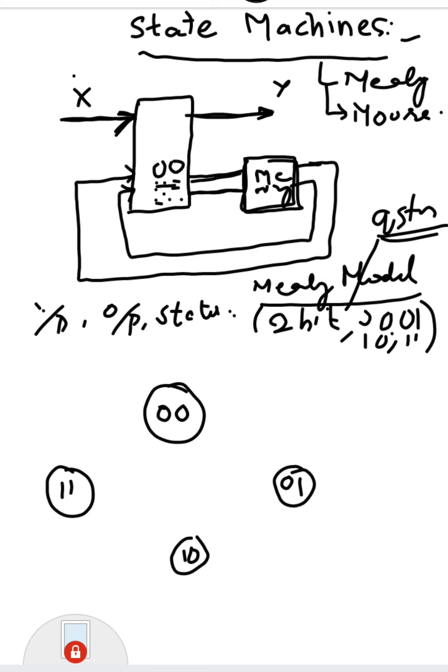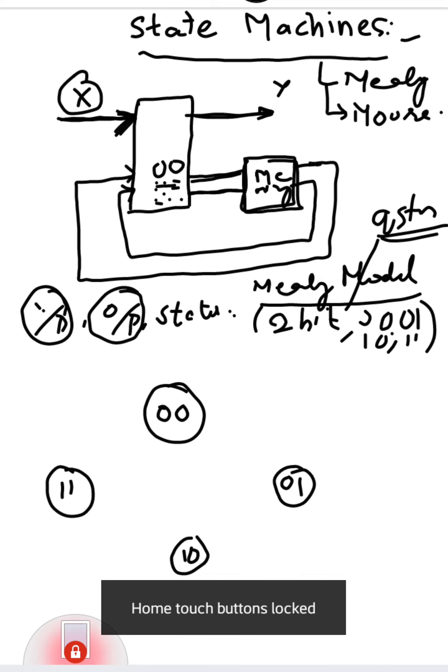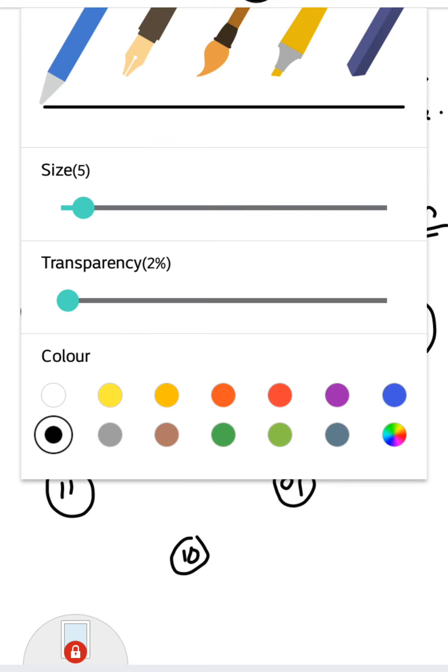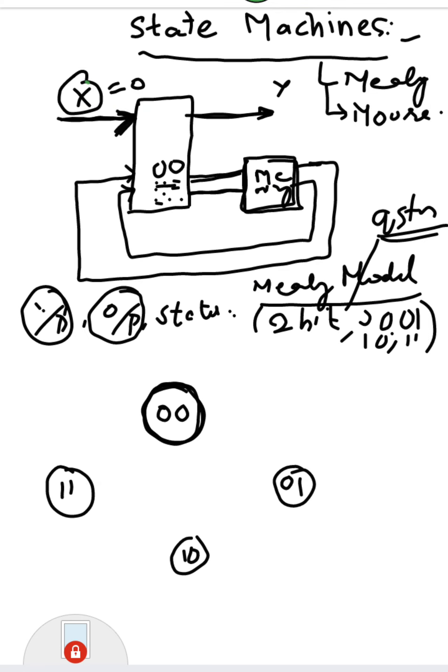Now the system has input, and at the same time it also has output and states. First, when the value of x equals 0, and the system is in this state, assume that this is the starting state 00, based on the question you have to represent what the next state is.